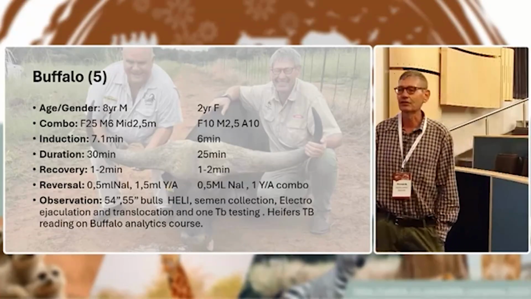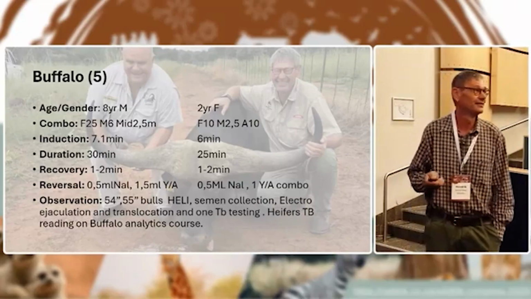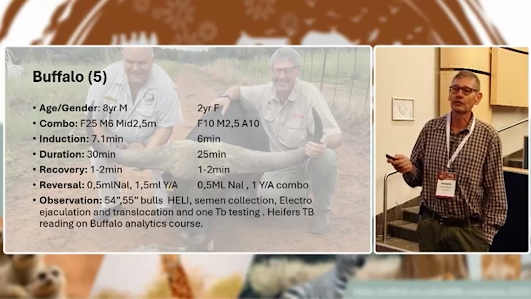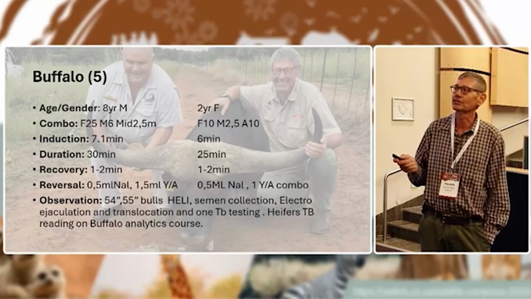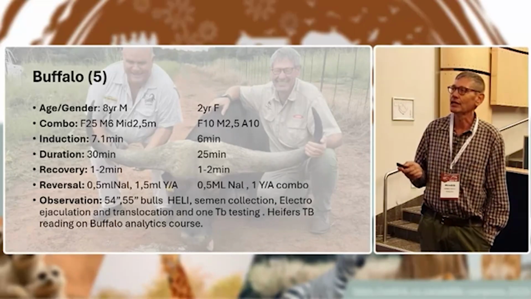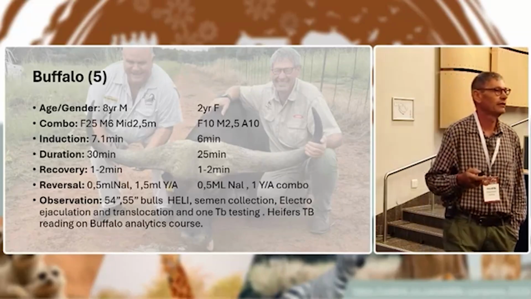I don't know how he's going to run the whole Buffalo automated movement situation. But yeah, that's the animals that David did on the course there. 6 minutes downtime, so that's 10 milligrams of fentanyl, 2.5 and 10 azaperone. David, you were happy with what you saw there.